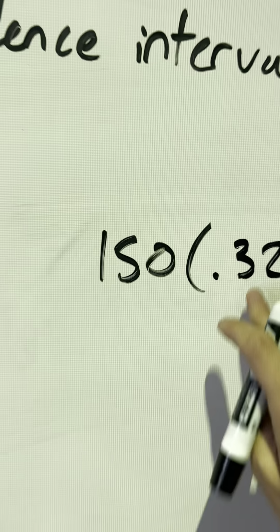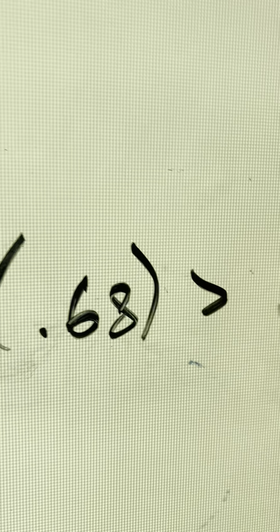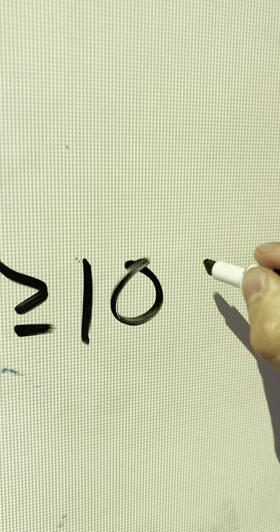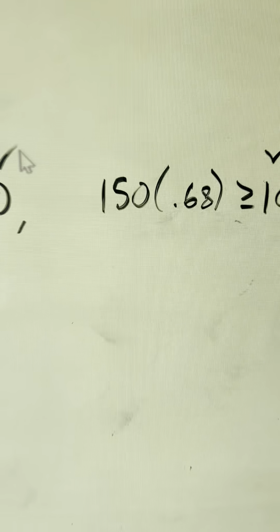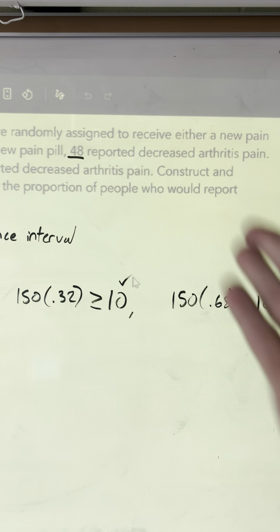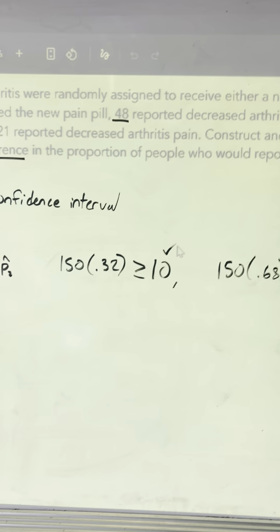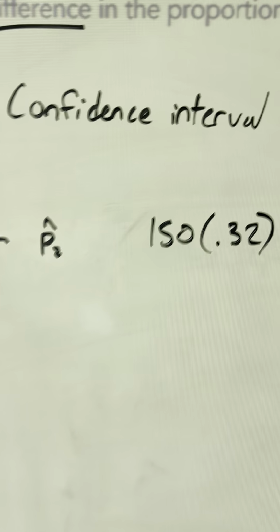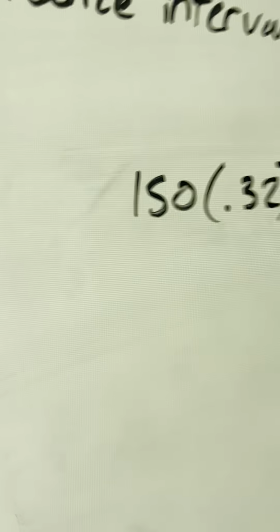And then that has to be greater than or equal to 10, and I believe that is true. So we can put a little check mark there. And then from there, we're also going to do 150 times 0.68. And I believe that also satisfies our law of large counts. So we'll put a little check mark for that. So that's population 1. That is for our proportion where they were given the new pain pill, and we're using the proportion of people who reported decreased arthritis pain.